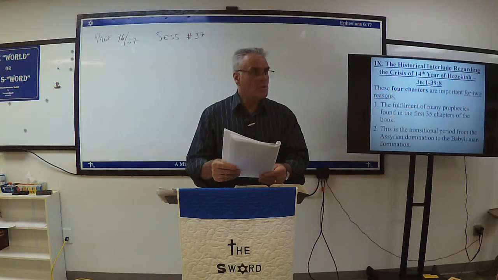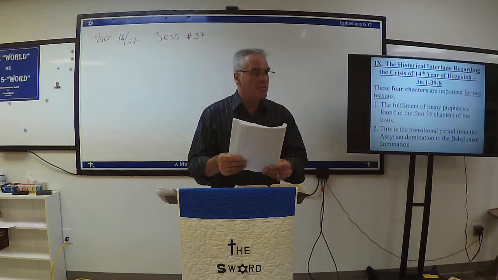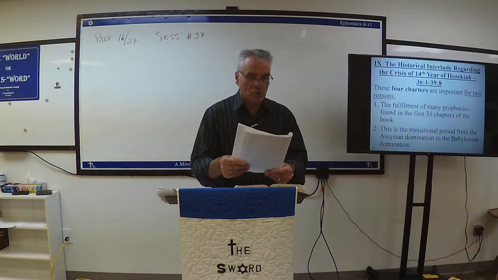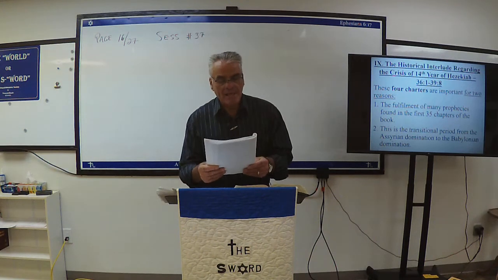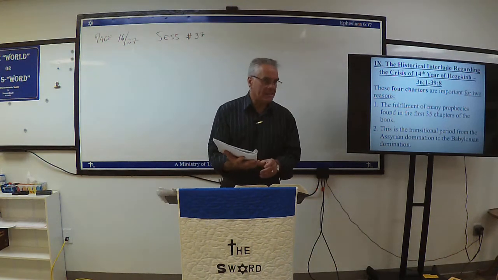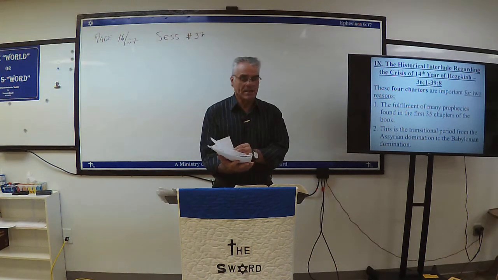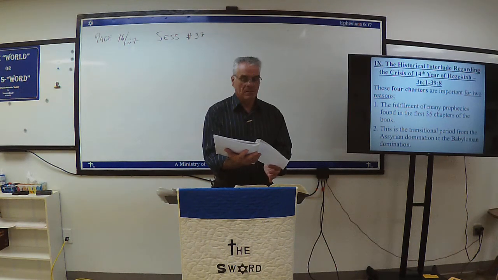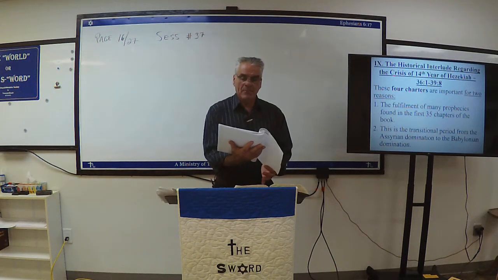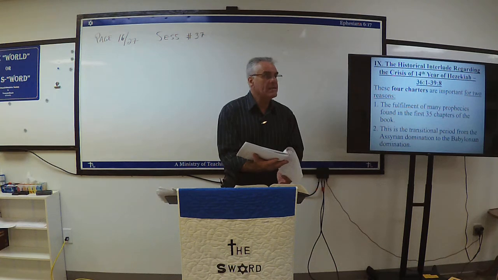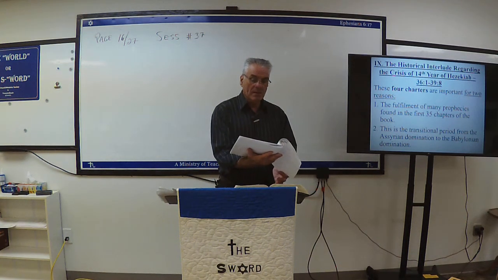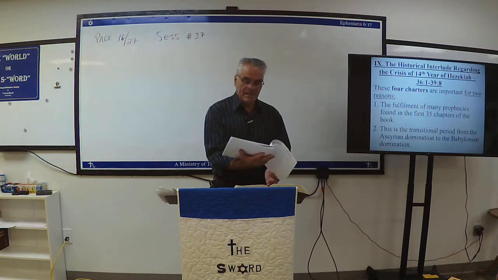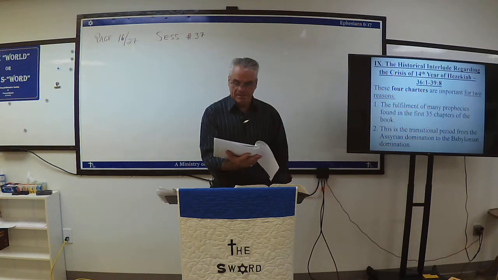Take your outlines with you. I just want to show you the three divisions of these 4 chapters. Go to page 17, capital A, Hezekiah and the Assyrian. Turn the page. Page 18, capital B, Hezekiah and his sickness. Capital C, Hezekiah and the Babylonians.